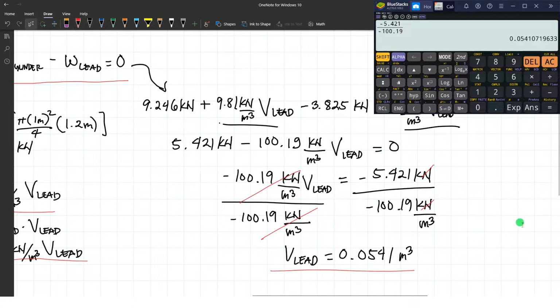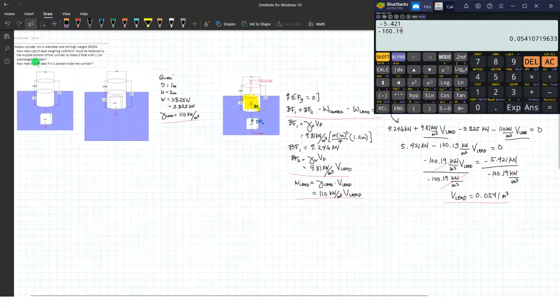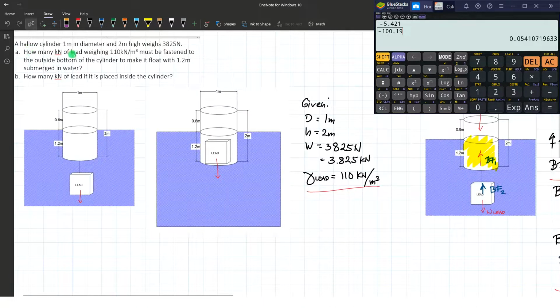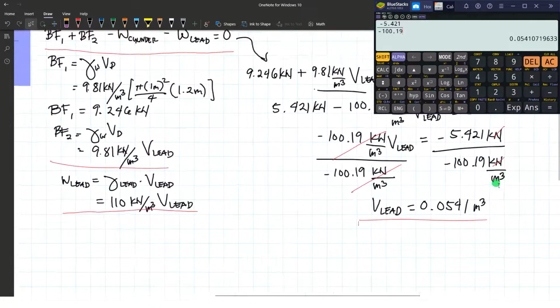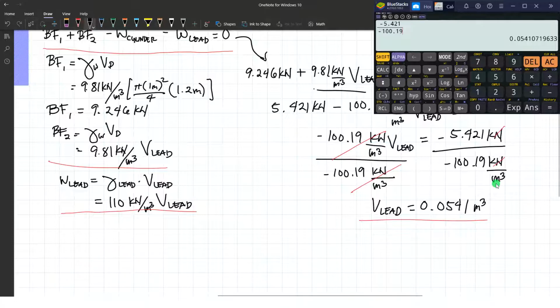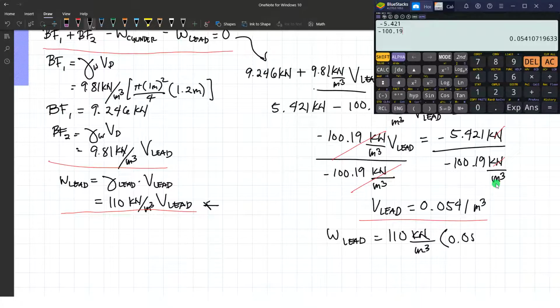What is required in this problem is how many kilonewtons of lead must be fastened to the bottom. So it means what is required here is the weight of the lead. Okay, so since we already have the volume, using this equation right here, the weight of lead is equals to 110 kilonewtons per cubic meter to be multiplied by the volume of the lead, which is 0.0541 cubic meters.